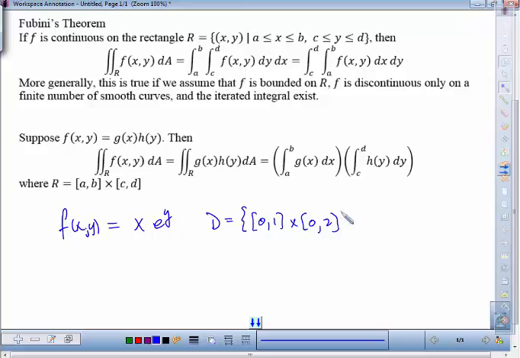Or let's call it R, sorry, since it's a rectangular region.